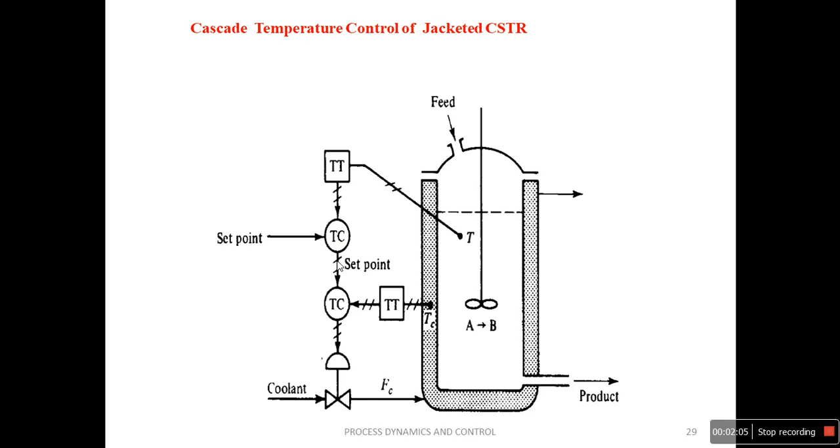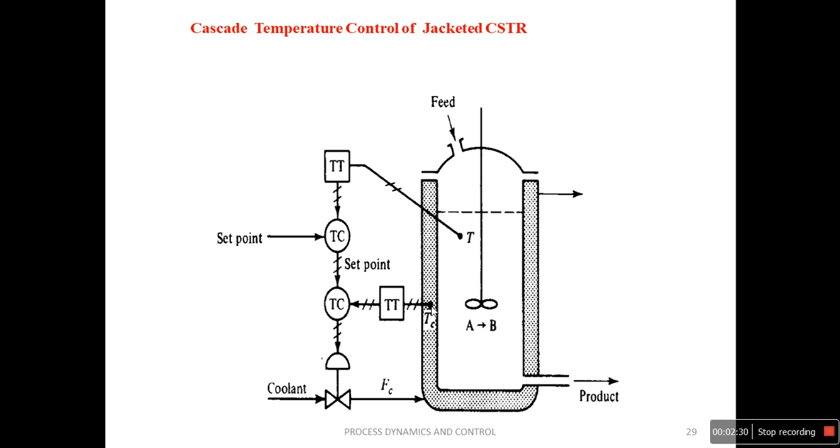Here the signal acts as the set point for the secondary controller, where the secondary controller in the secondary process measures the coolant temperature, which we are not interested in controlling. Not at all, we are not going to control the coolant temperature, but this coolant temperature has an effect on the product temperature, the reactor temperature.